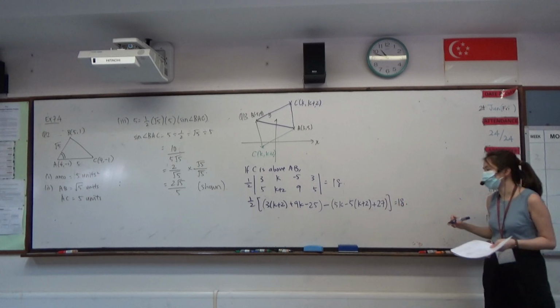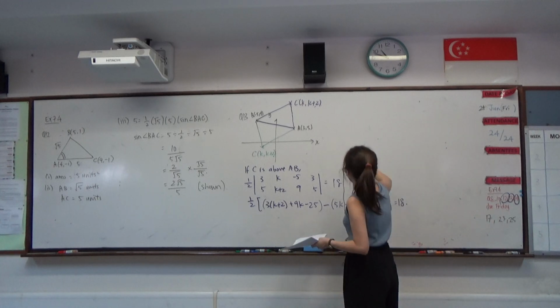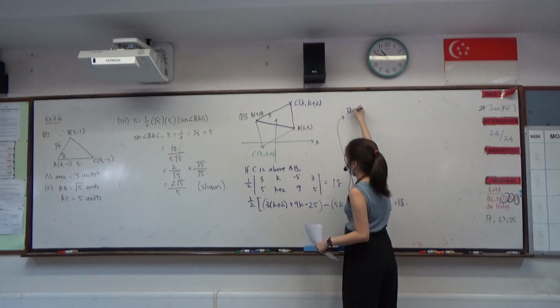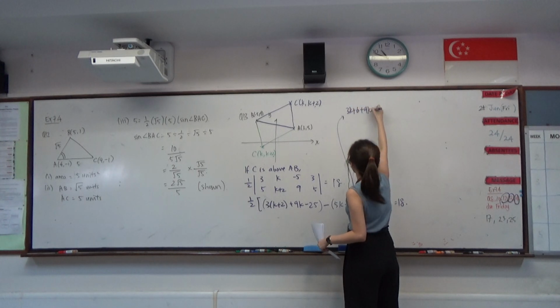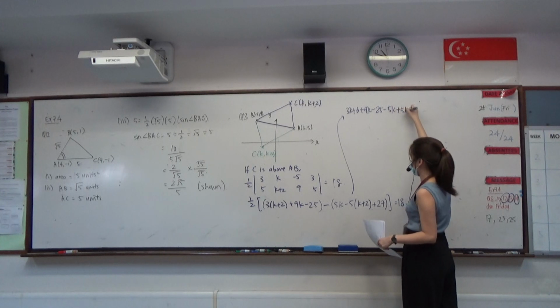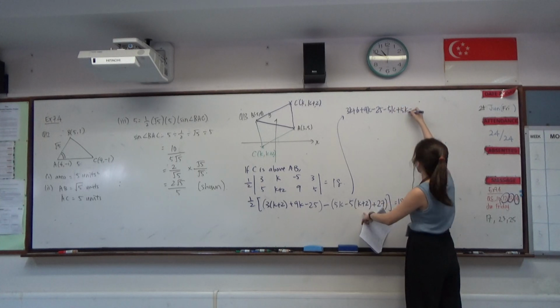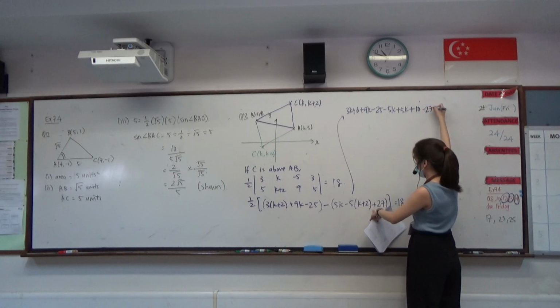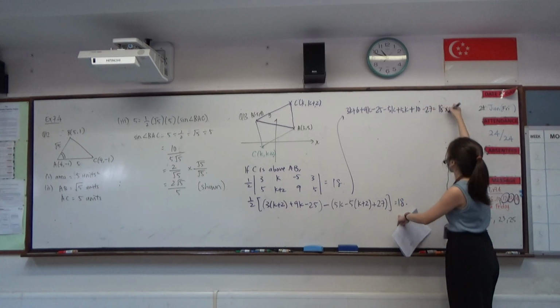After we do the shoelace method, we would get 3k plus 6 plus 9k minus 25 minus 5k plus 5k plus 10 minus 27 equals 18 plus 2.